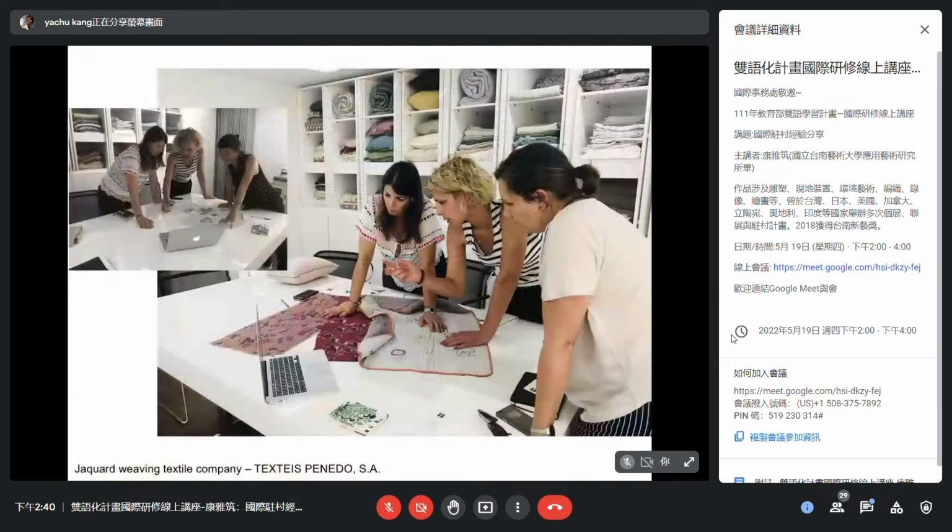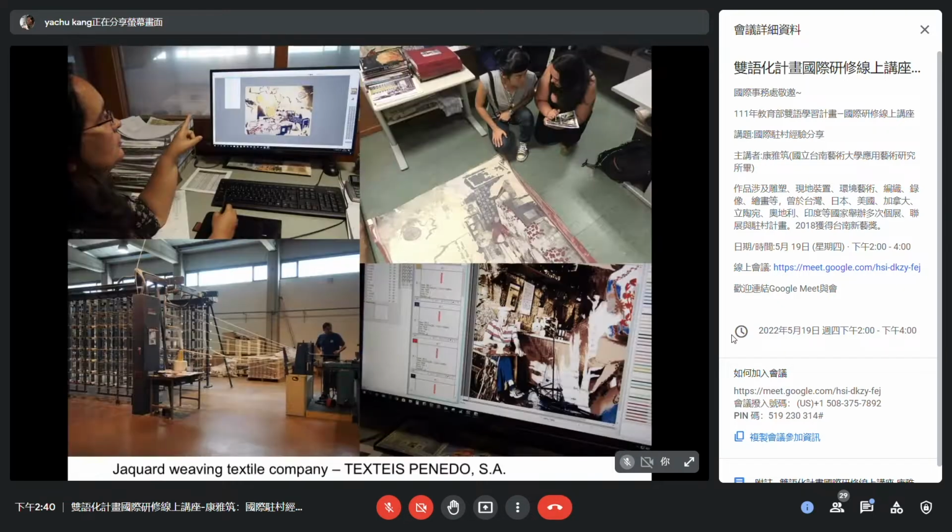And because I have to work with Jakarta weaving textile company, so I have to visit them and see what kind of textile they can create and their ability. So we need to have meeting first. And Jakarta weaving is the computer controlled loom that you can weave the very realistic image.